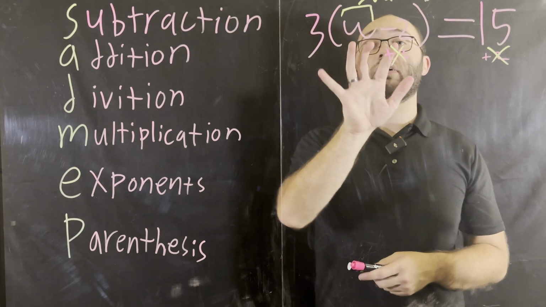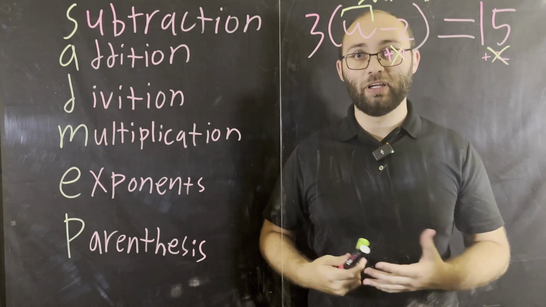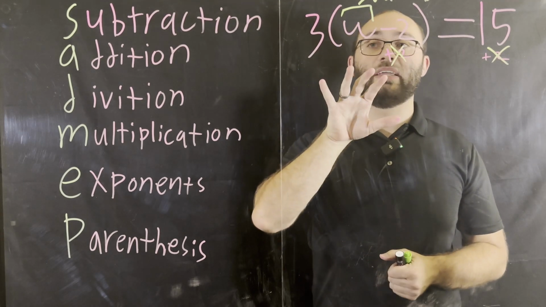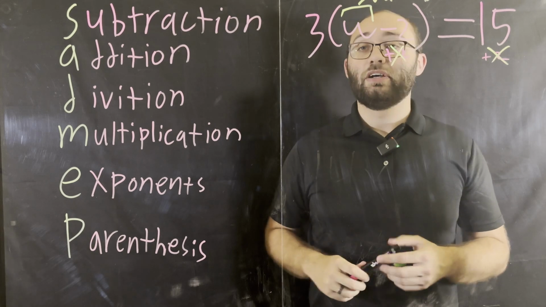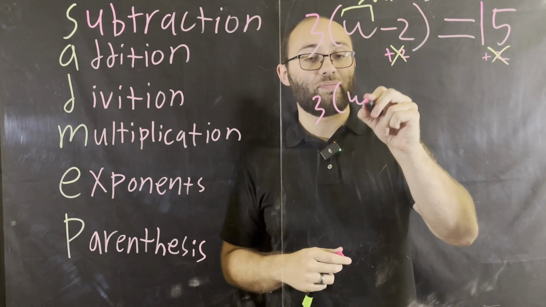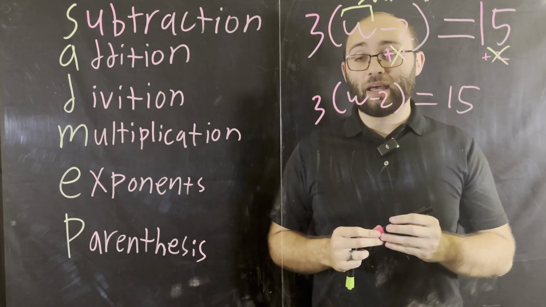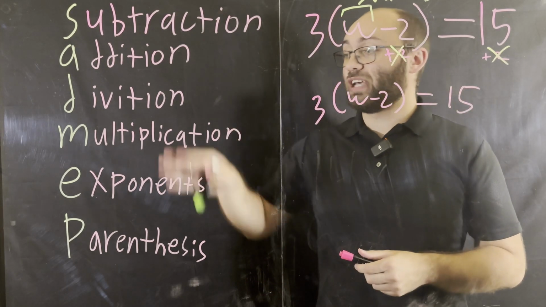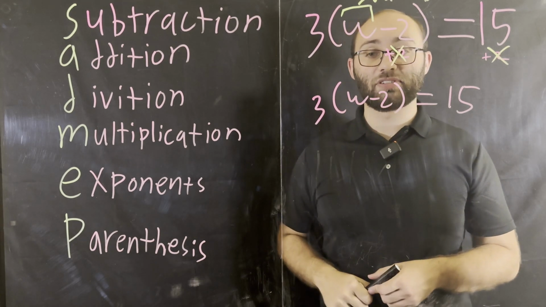I cannot alter the inside of these parentheses until I drop them, either by solving the inside, by doing the distributive property, however I want to do it. So I'm going to rewrite this equation right underneath. And while I would like to do SADMEP, let's instead find a way to drop these parentheses first.